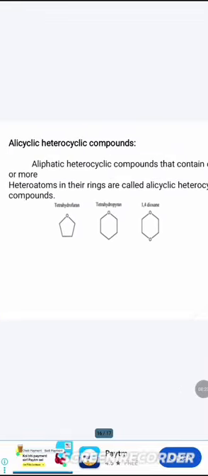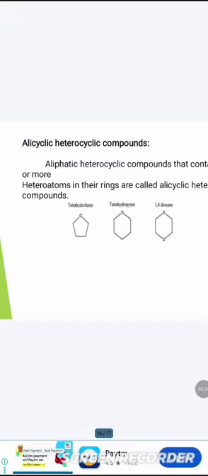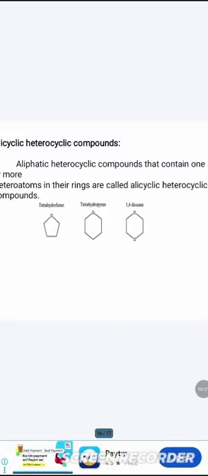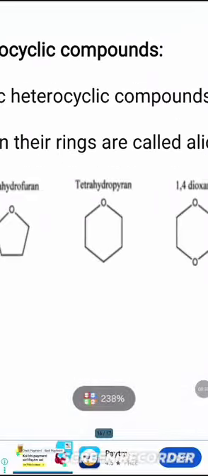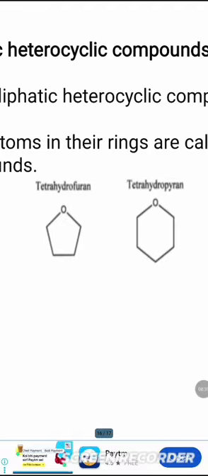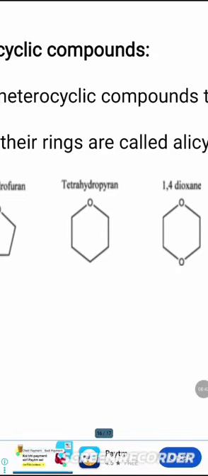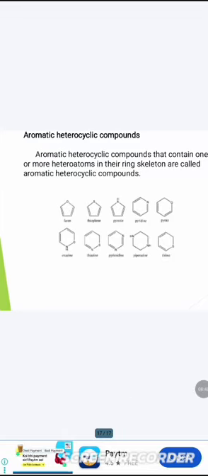Next, alicyclic or aliphatic heterocyclic compounds. Aliphatic heterocyclic compounds are those in which one or more heteroatoms are present in the rings, and they are called alicyclic heterocyclic compounds. For example, tetrahydrofuran, tetrahydropyran, etc. Then aromatic heterocyclic compounds.